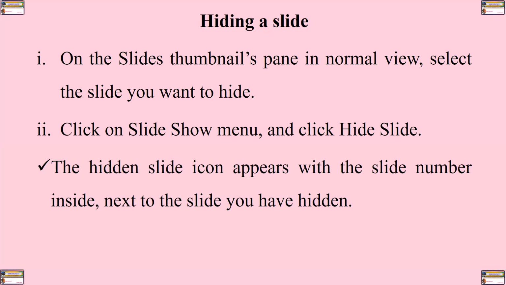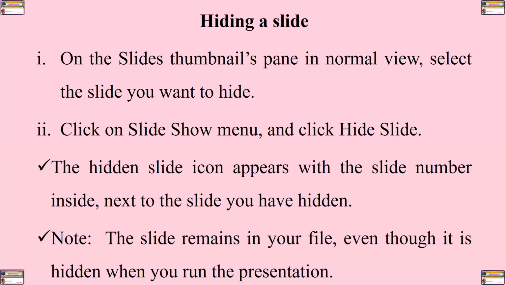The hidden slide icon appears with the slide number inside next to the slide that you have hidden. Note, the slide remains in your file even though it is hidden when you run the presentation. The hidden slides remain in your presentation, but they don't appear when you are running that presentation.